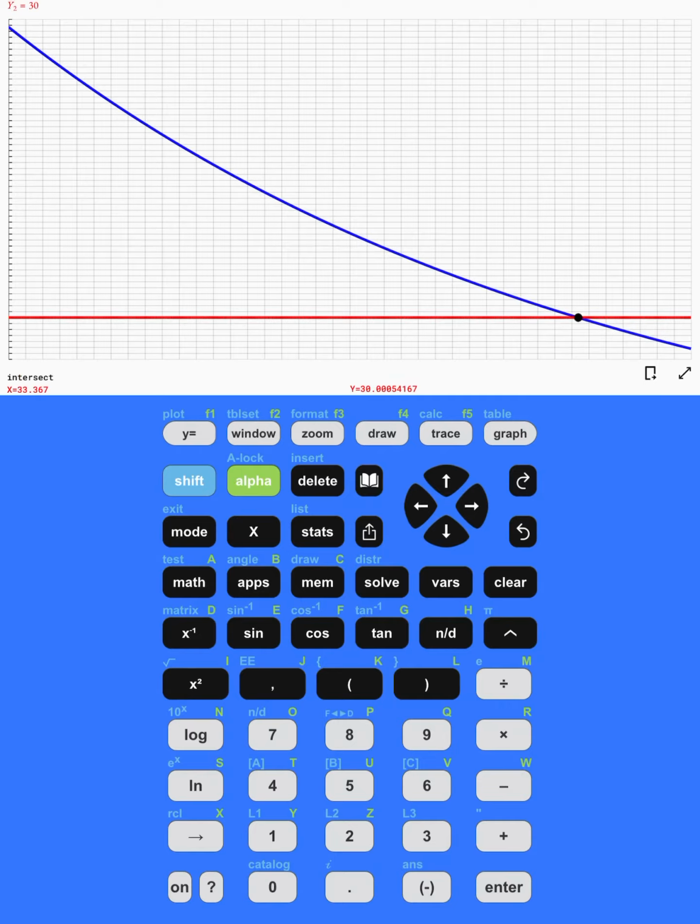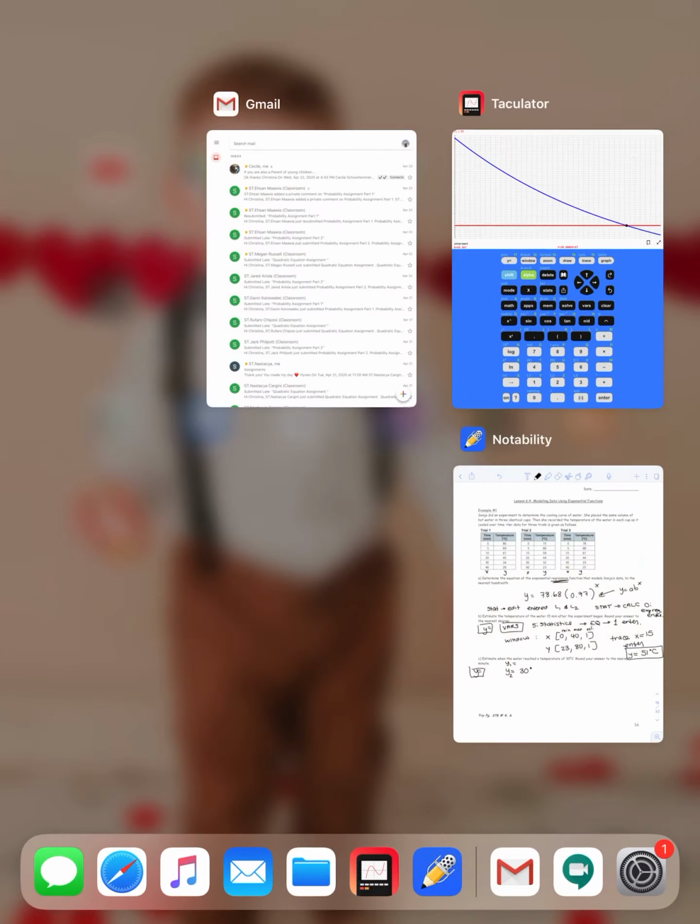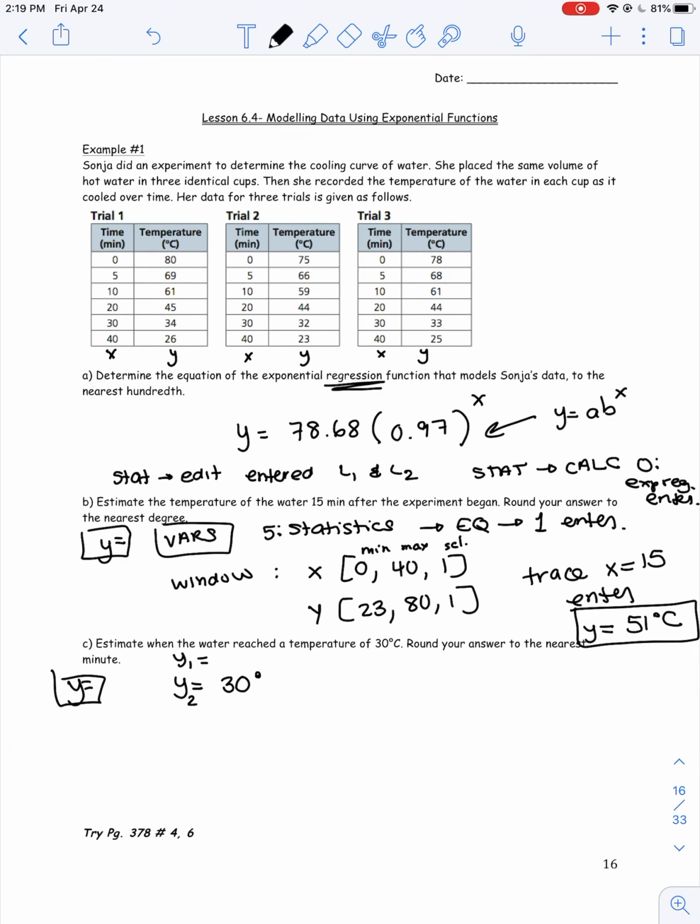So 33 minutes. If you look at what my x value is, it says 33 minutes. So the steps that I did were, this was my equation. I had 30 degrees for y2. Then I pressed second trace.